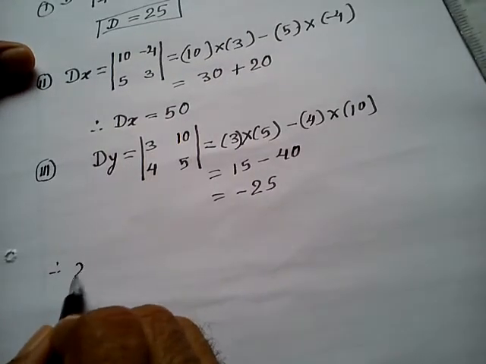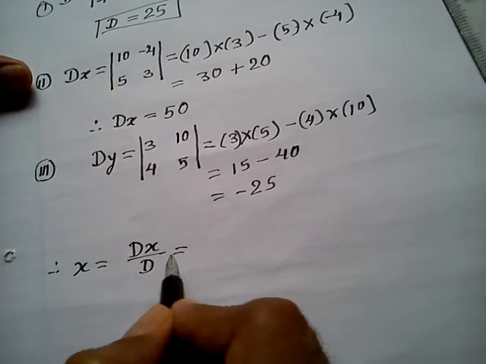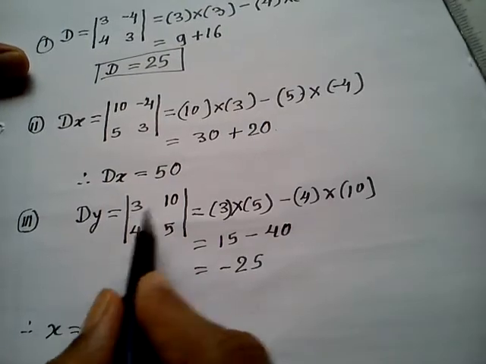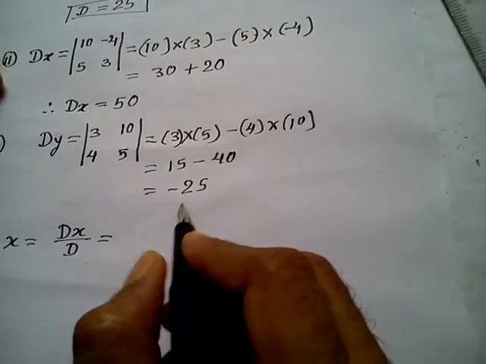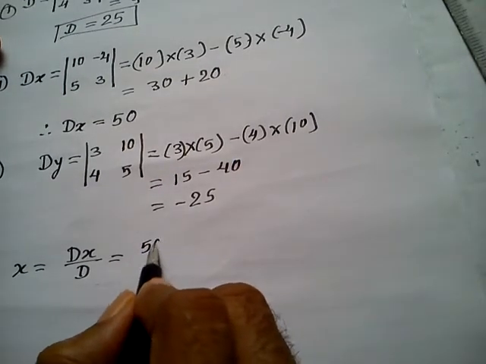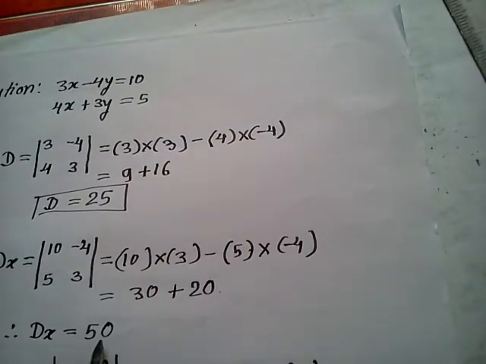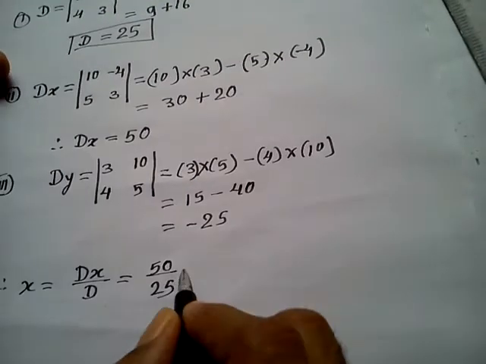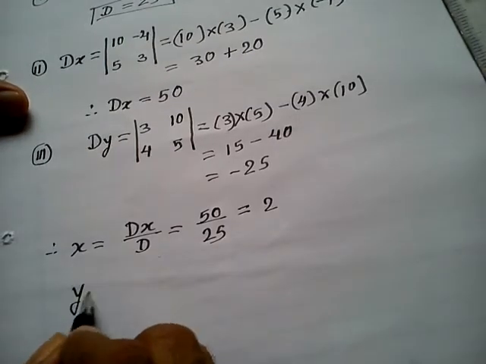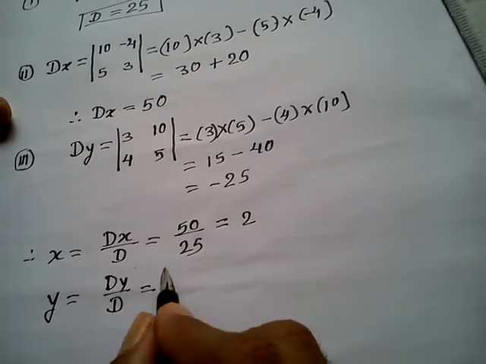Last step, therefore x is equal to Dx upon D. In the examination, marks are given to these steps. First, this second, third, half marks are given to each step. Now see here, the value of Dx is 50 and D is 25. Dx 50 upon D 25 is equal to 2, so x is equal to 2, and y is equal to Dy upon D. What is the value of Dy?